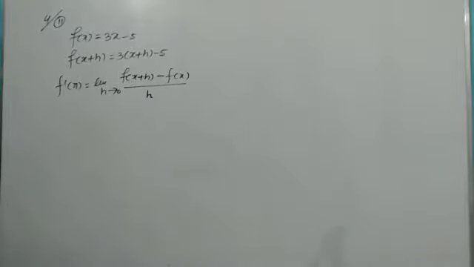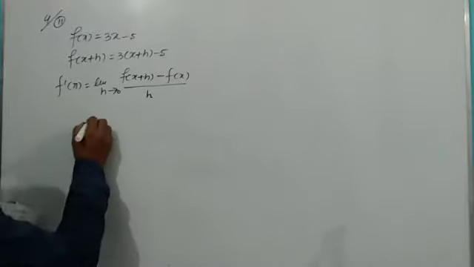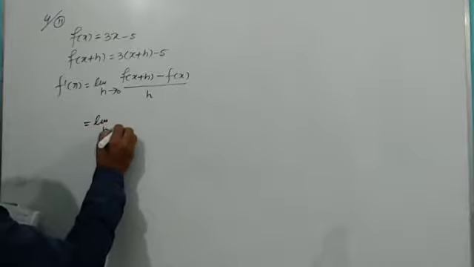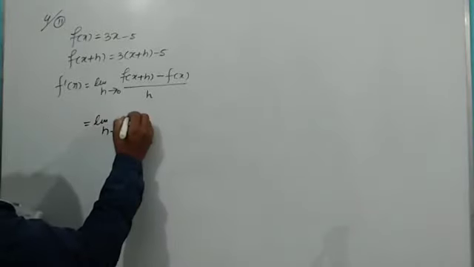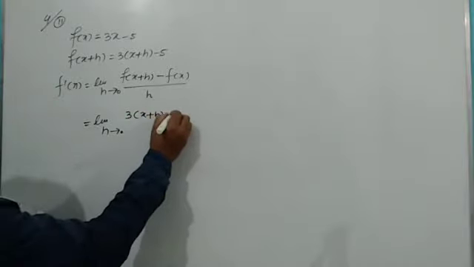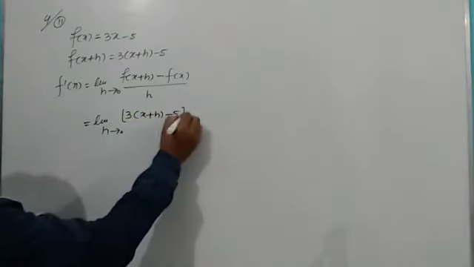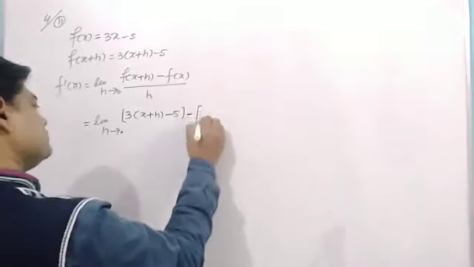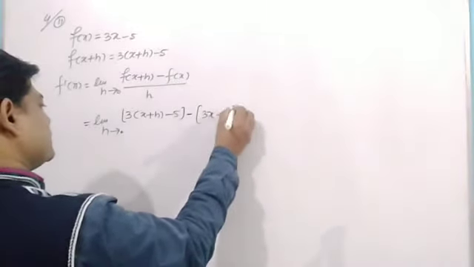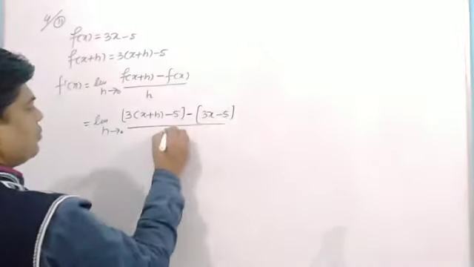Easily I may write. So when I substitute the values, limit h tends to 0, 3(x plus h) minus 5 minus (3x minus 5), whole upon h.